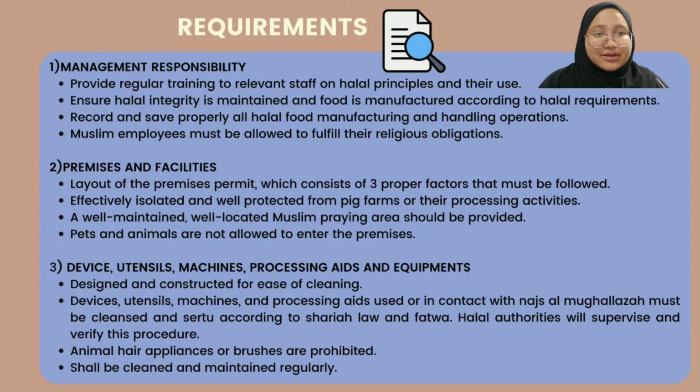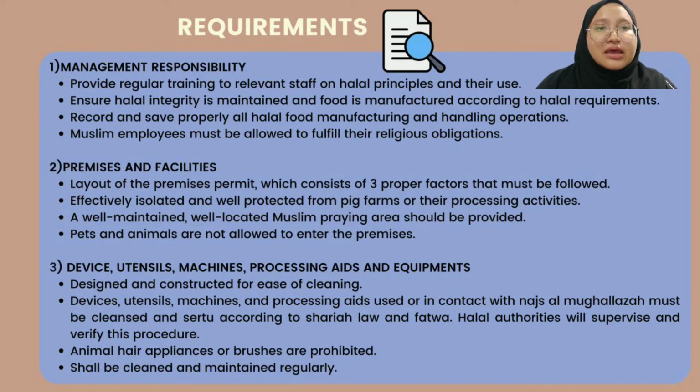The first requirement is management responsibility. The management should provide regular training to relevant staff on halal principles and their use. Besides that, it must also ensure halal integrity is maintained and food is manufactured according to halal requirements.